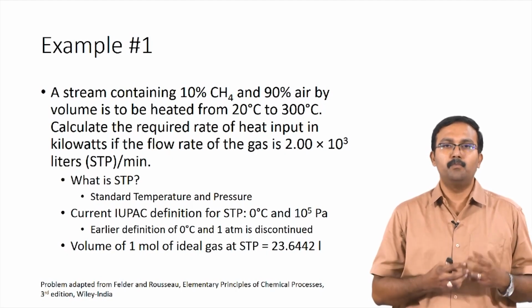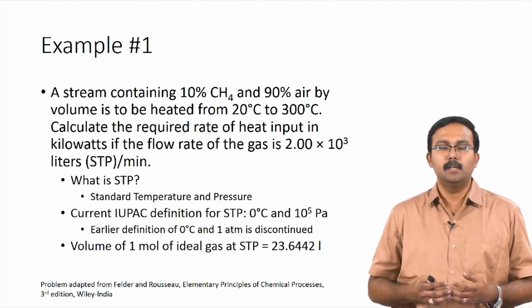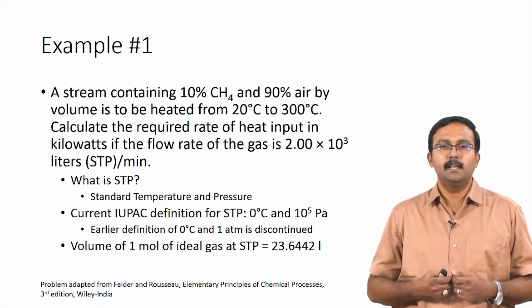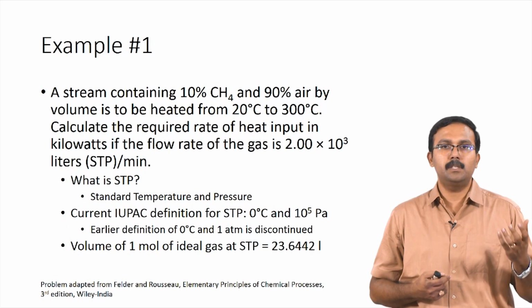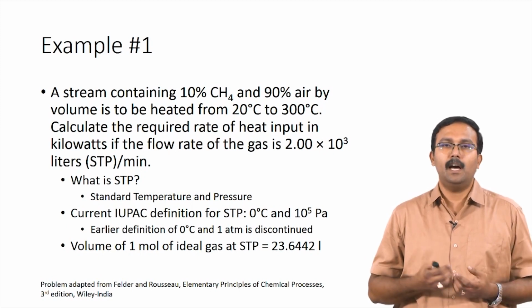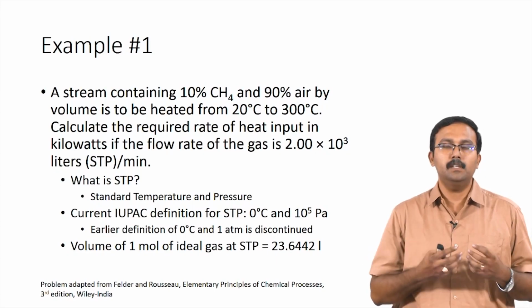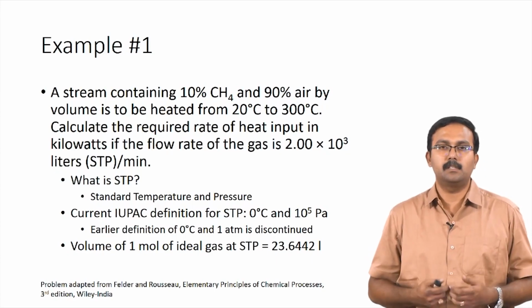So, the number of moles can be calculated from here. This is just a way of representing molar flow rates. Instead of using the inlet conditions which is 20 degrees Celsius, we would have to use STP conditions to calculate the number of moles of the mixed gas which is entering into the system.